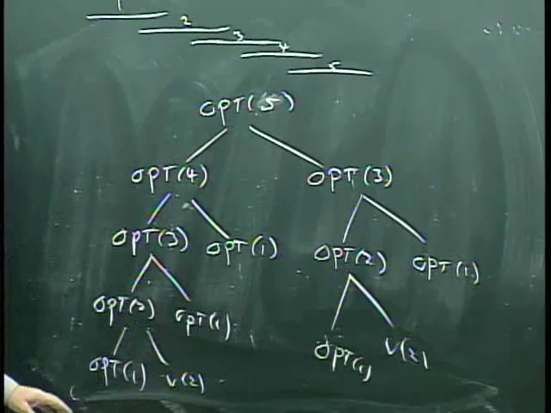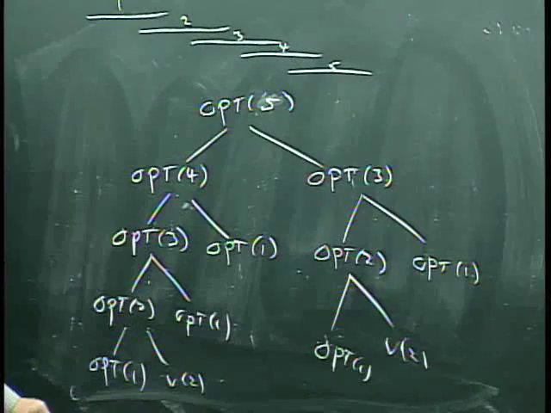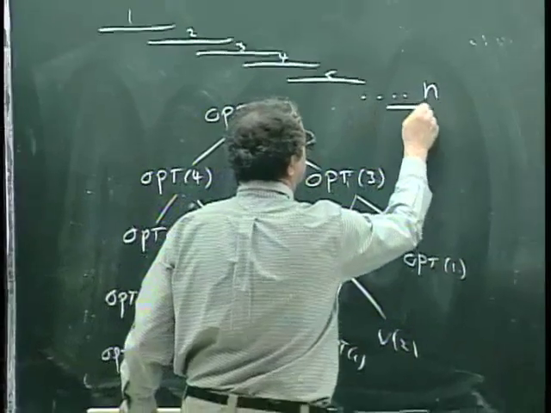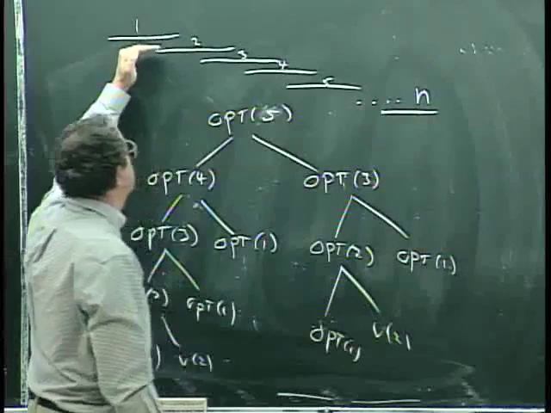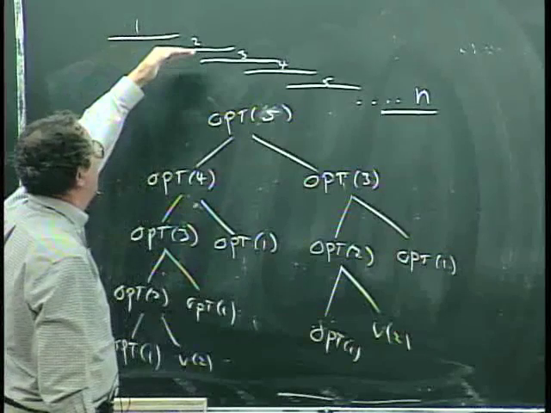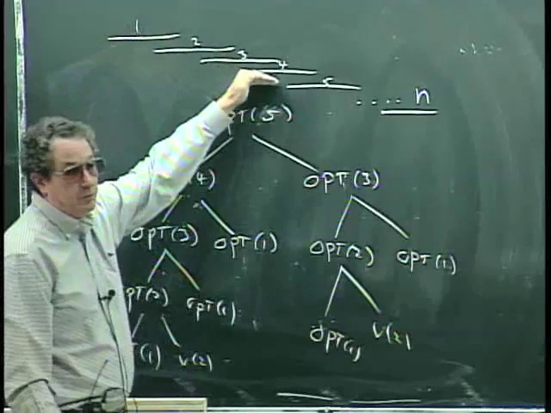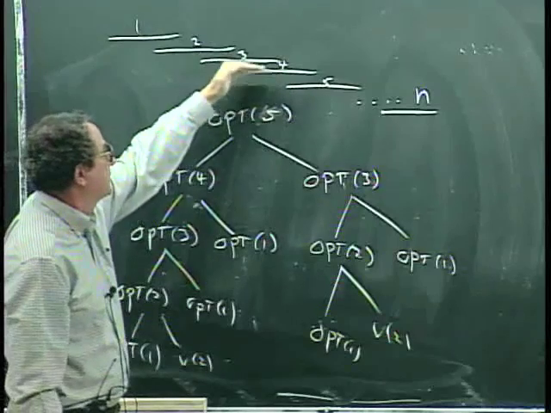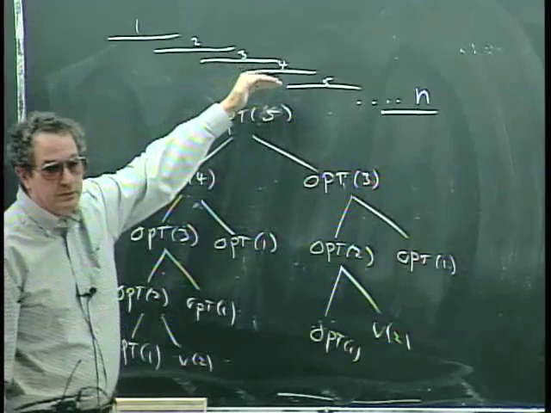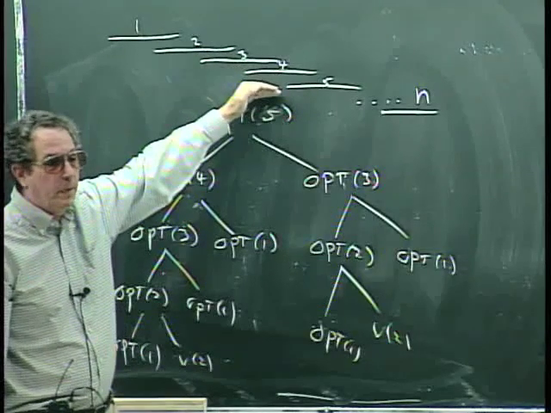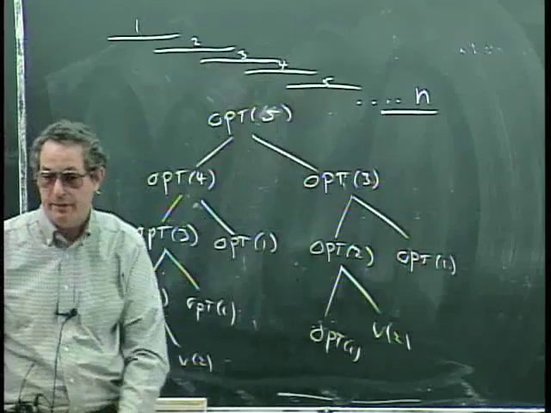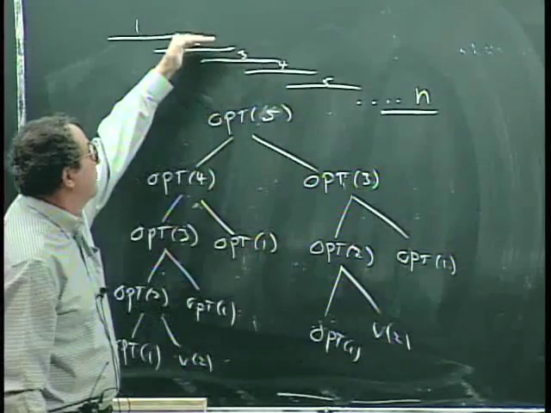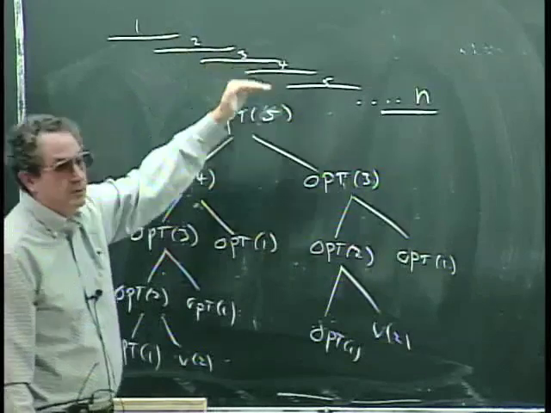Now, how many recursive calls is that? In general, suppose we went out to n, and it's the example where each interval i overlaps i plus 1, but not i plus 2. So every interval is overlapped by the one before it and overlaps the one after it.